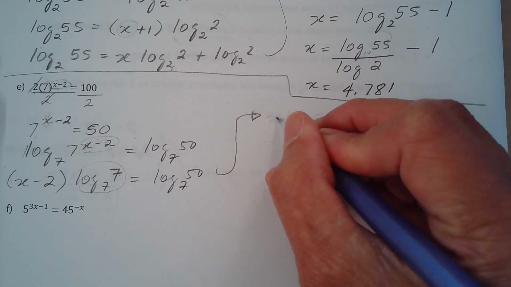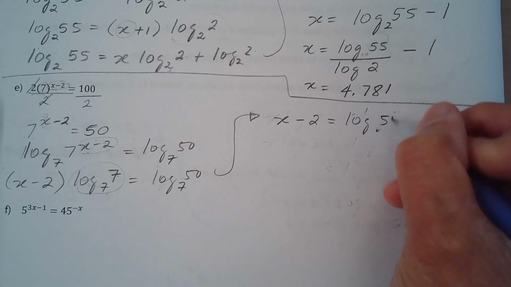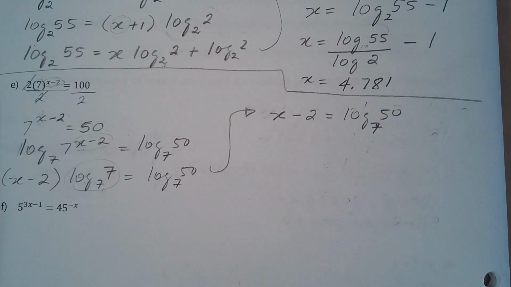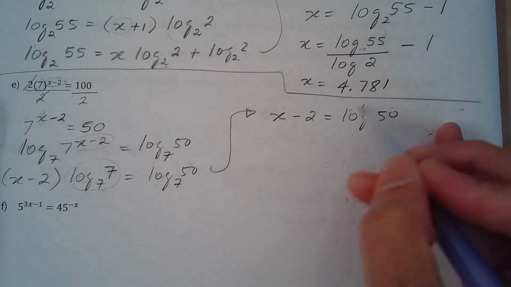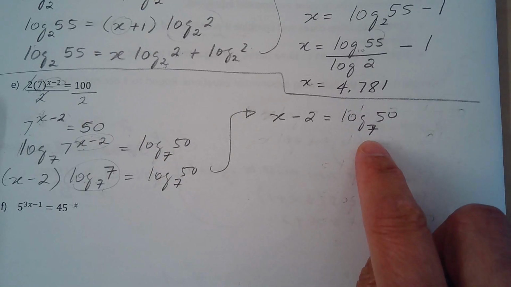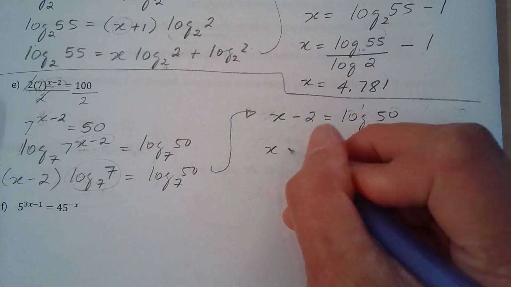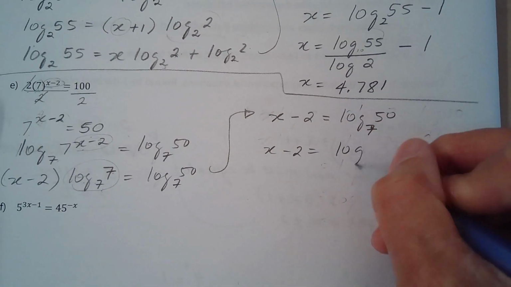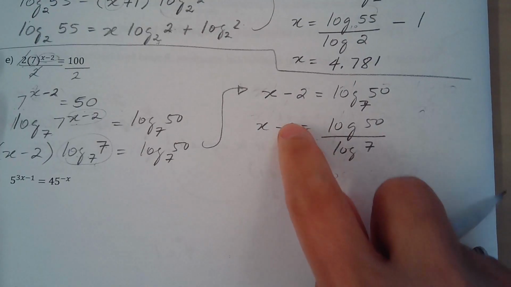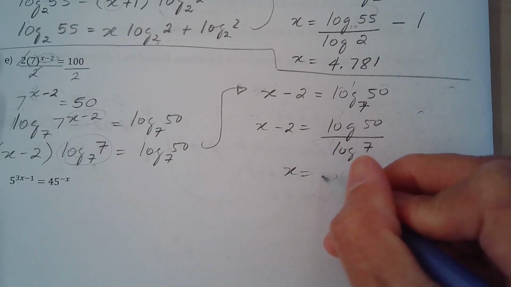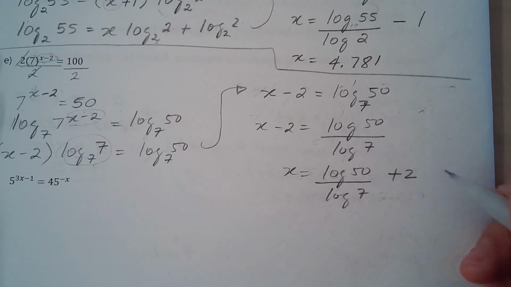So it's going to be x minus 2 equals log of 50 base 7. Now this one here is a little bit different. Well, not a little bit, but we don't have a button for this. So we're going to do a change of base. This is going to be x minus 2 equals log 50 over log 7. And then bring the negative 2 over to the other side. That becomes log 50 over log 7 plus 2.